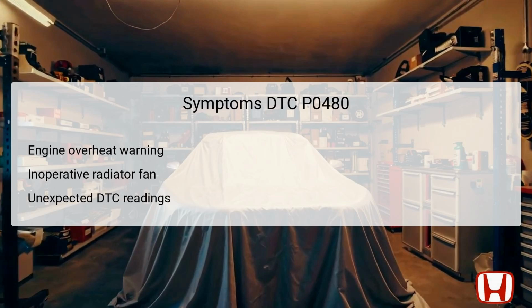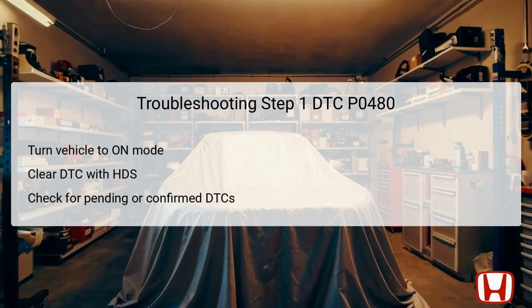For troubleshooting DTC P0480, the first step is to ensure the vehicle is in the on mode without starting it. This enables the various diagnostic systems to initialize. Use the HDS, which stands for Honda Diagnostic System, to clear the current DTCs.